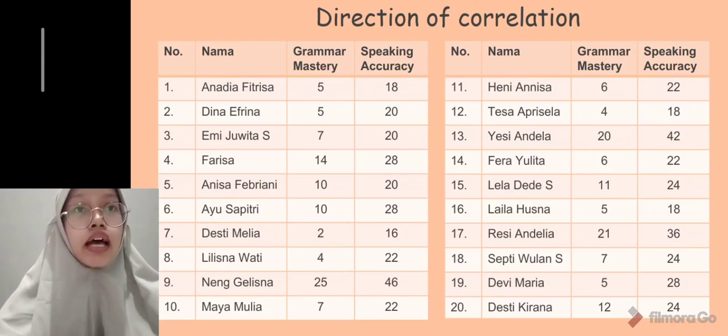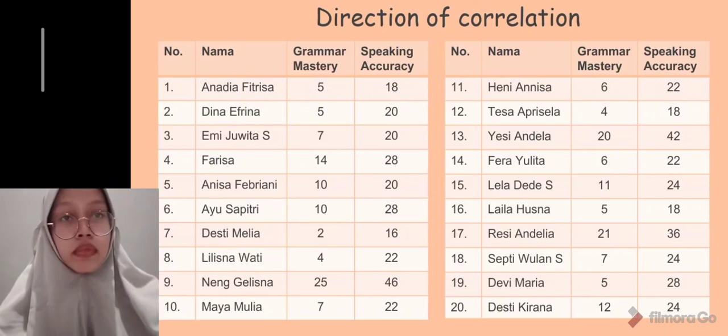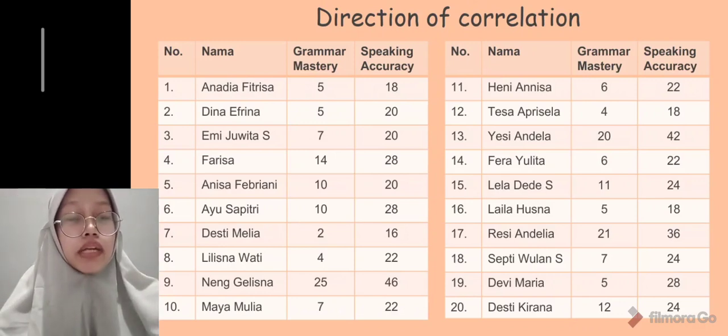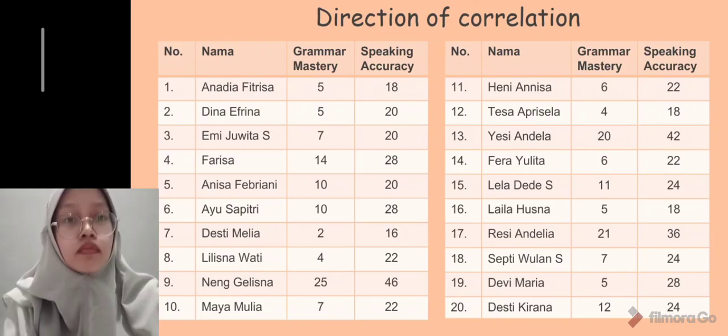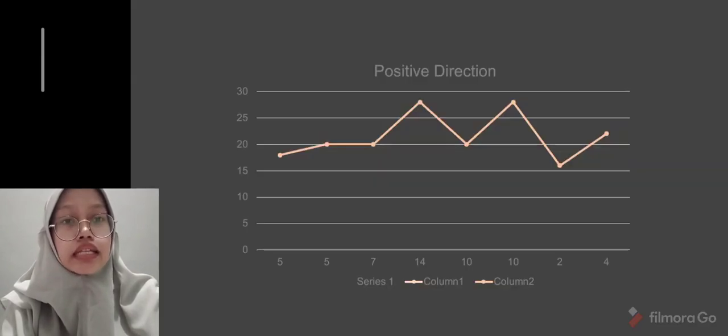Devi Maria, the score of grammar mastery is 5 and the score of speaking accuracy is 28. And Desti Kirana, the score of grammar mastery is 12 and the score of speaking accuracy is 24. So this is the chart of positive direction because this research has a relationship between the variables.